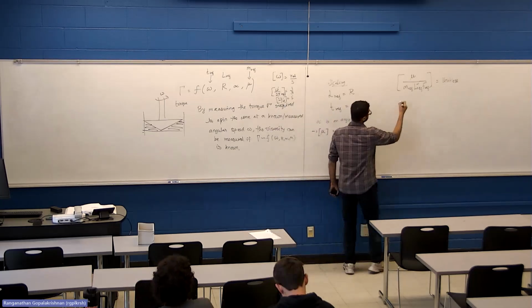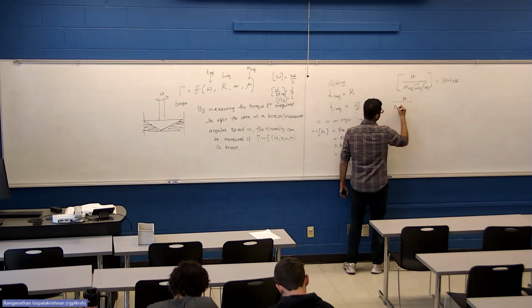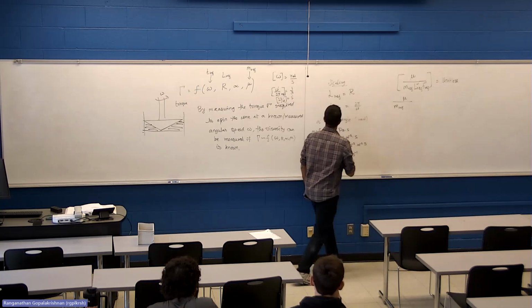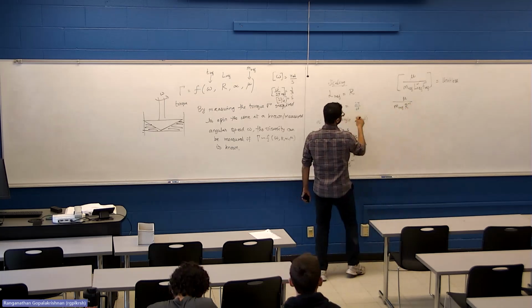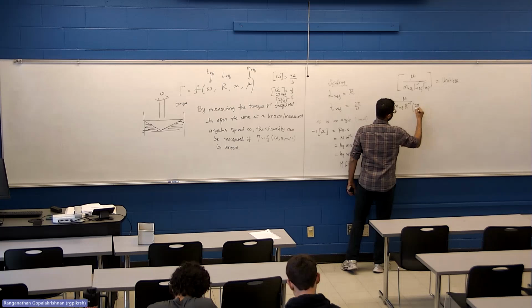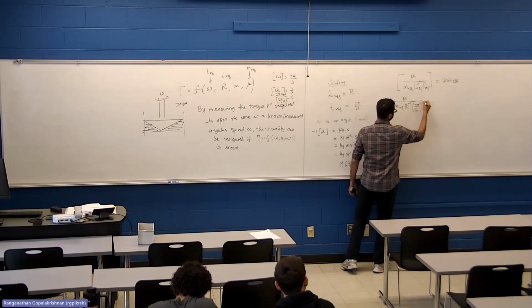So I can write viscosity divided by M reference. What is my reference length? R to the minus 1, and T reference is 2 pi over omega to the minus 1.